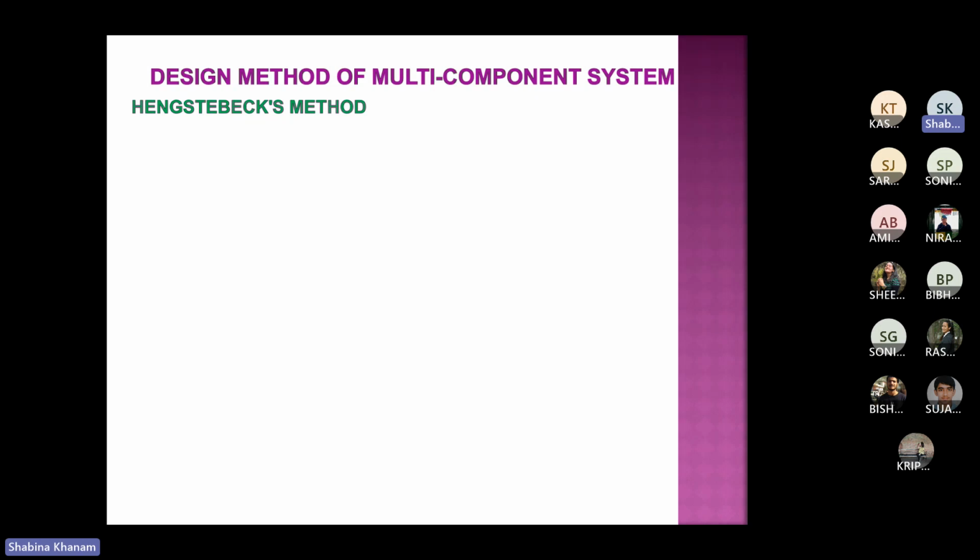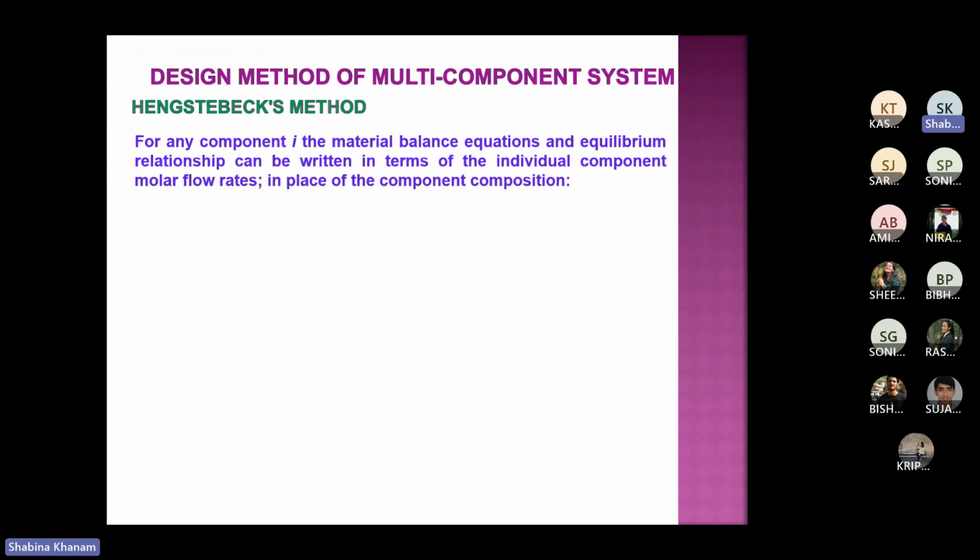So here I'm having this method for multi-component systems, and that is Henstebeck's method. First of all, I will discuss what this procedure, what this method considers, and then we will proceed.